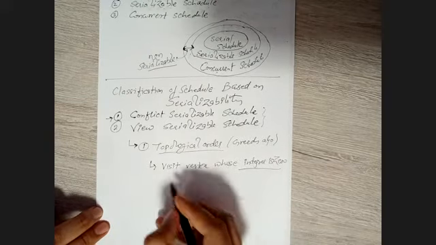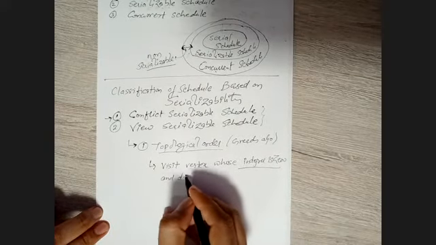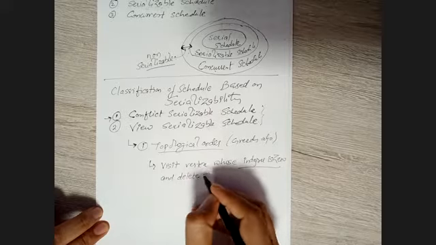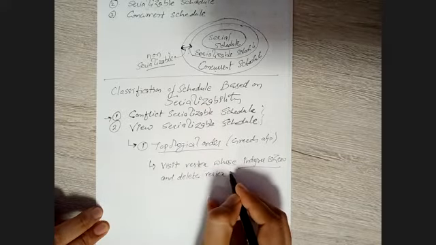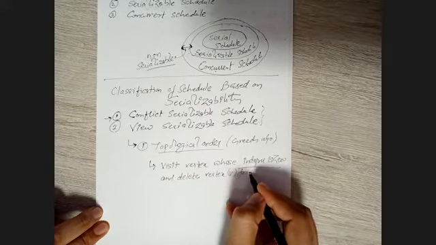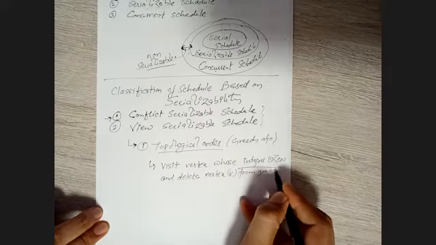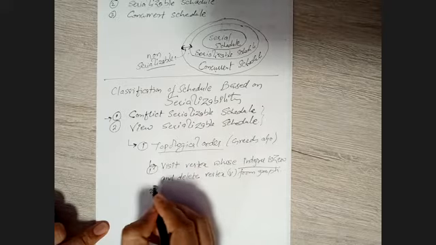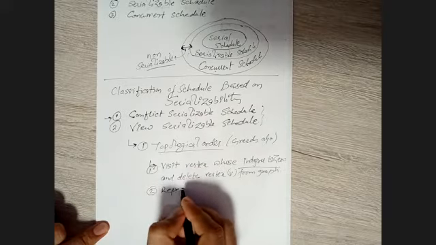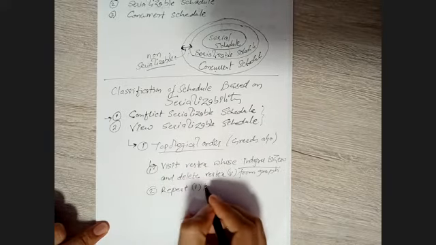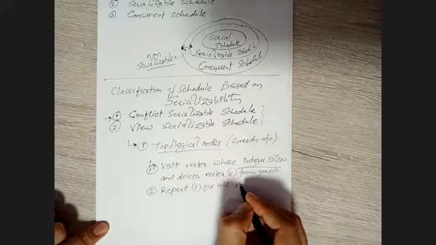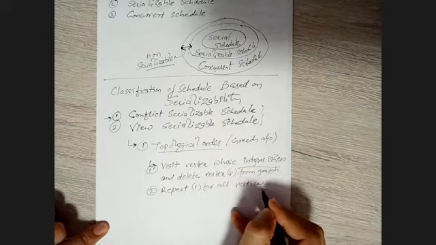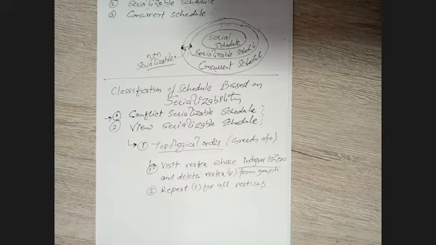We need to visit that, and delete vertex v from the graph. This is the first step. The second is to repeat the first one for all vertices, and we will get our topological order.